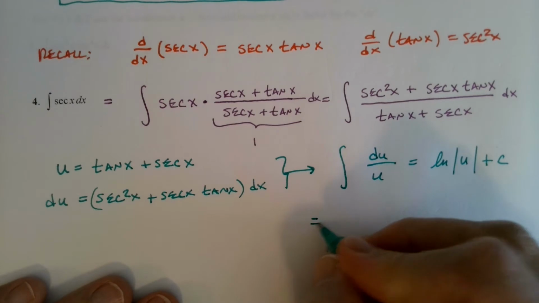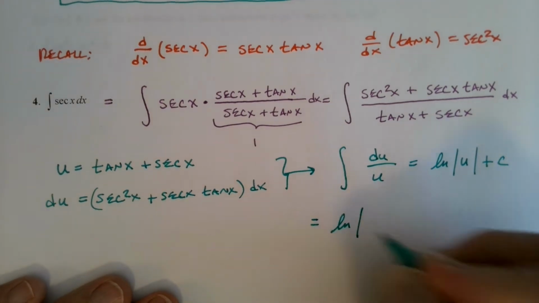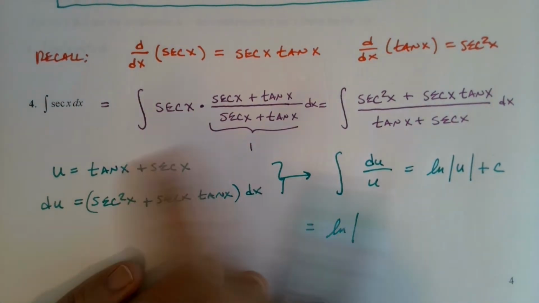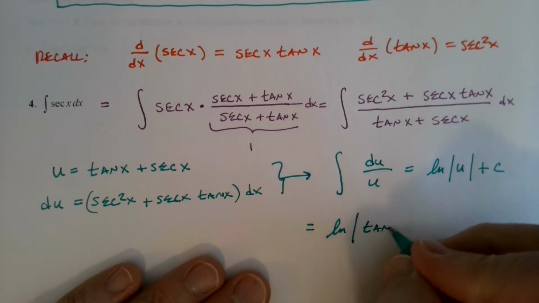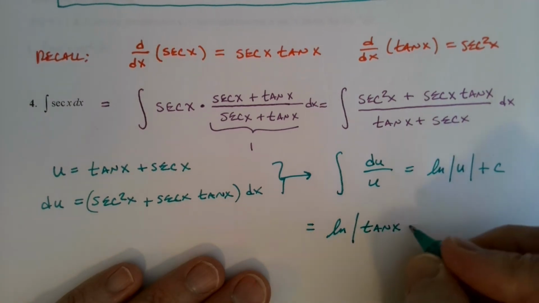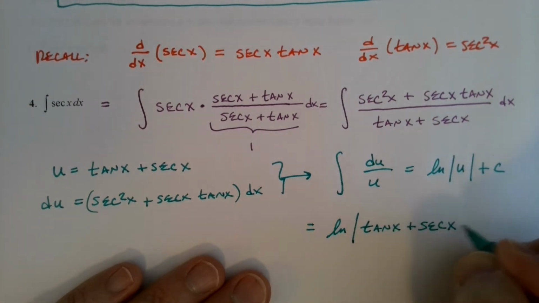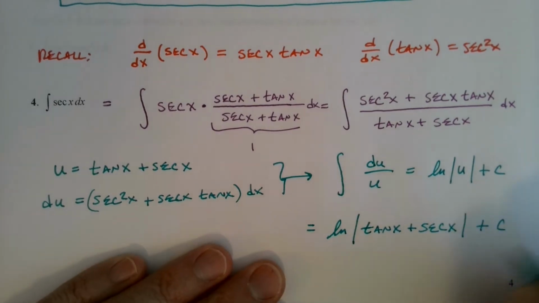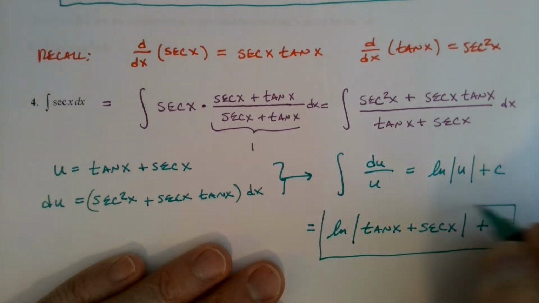And so we get the natural log absolute value of u, which is tangent x plus secant x, or secant x plus tangent x, it doesn't matter the way we add those two together, in absolute value bars though, plus c. There's the antiderivative.